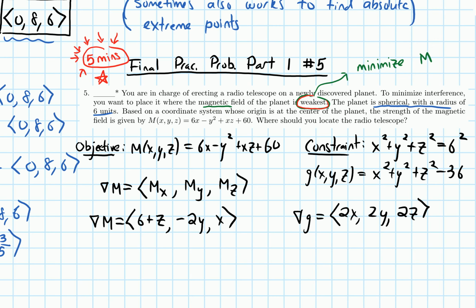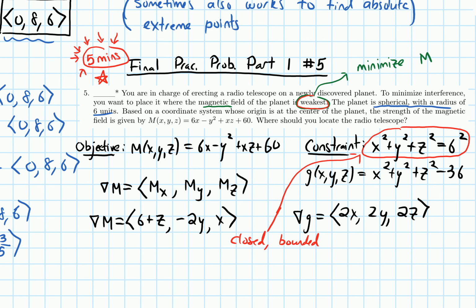Okay, so one thing that's helpful to look at, even when I'm doing a Lagrange problem, is to think about the constraint and see, well, is the constraint a closed bounded region? So this constraint is the surface of a sphere, and the surface of a sphere is closed because it contains the boundary of the sphere. It's the surface of it. This is bounded because the surface of the sphere doesn't go off to infinity.